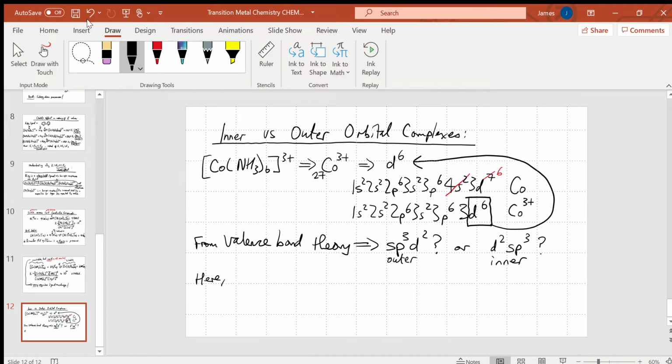Okay, here, the NH3 ligand, which is the ligand responsible for causing the octahedral field, is strong enough to cause pairing. I'll show you diagrammatically that that would be inner.